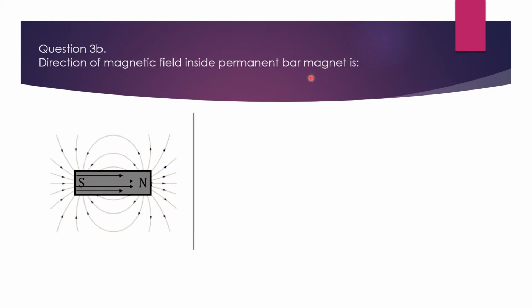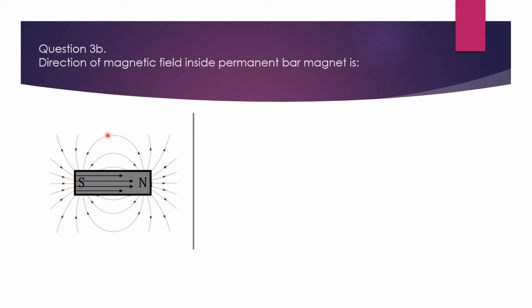Now this is question number 3B. The third question: direction of magnetic field inside permanent bar magnet is. Now as you can see in a bar magnet, the direction of the magnetic field always points out at the north pole, and it goes in at the south pole. This is outside the bar magnet.